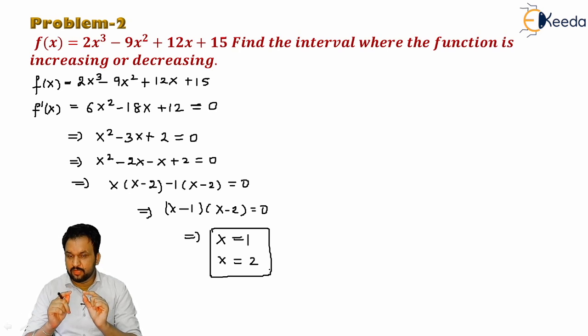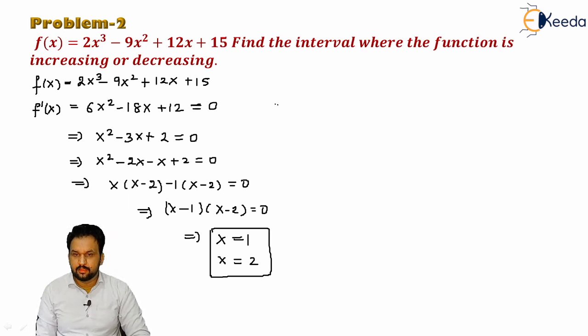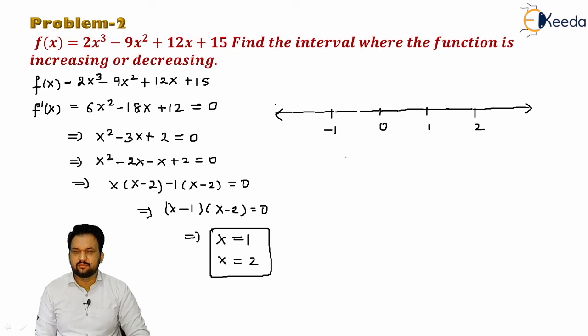So now we need to make a real line, and we have to plot these 2 points there. This is my real line now, and I will plot these 2 points on it. Here 0 will be there, 1 will be there, as well as 2, and then minus 1 and so on.